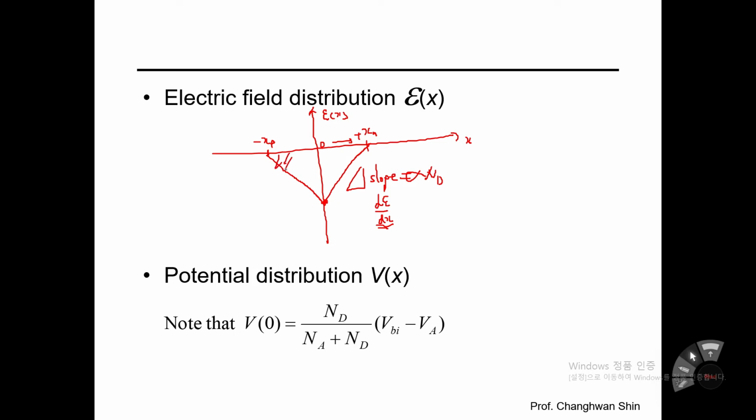herein the thing that I would like to deliver to you is the meaning of area. Area means integration of the electric field. So what is the physical meaning? Yeah, once you take an integration of the electric field with respect to x, the physical quantity corresponds to the potential.